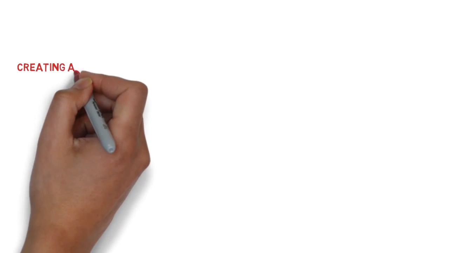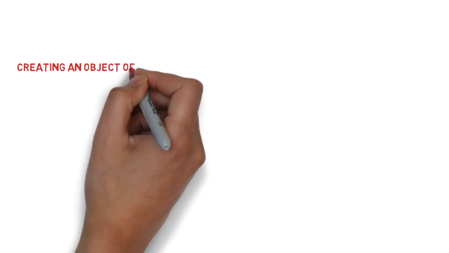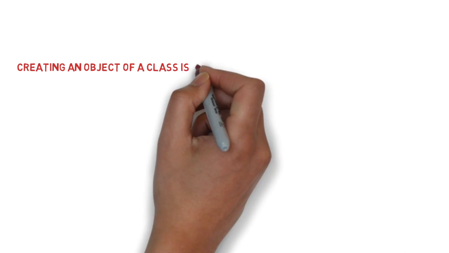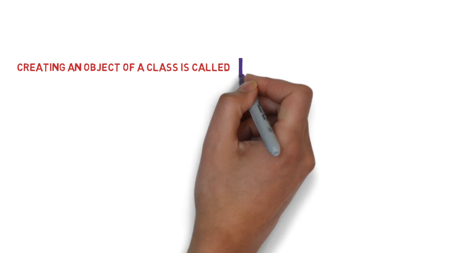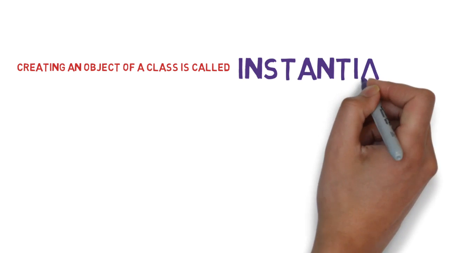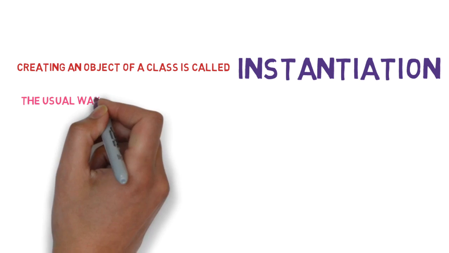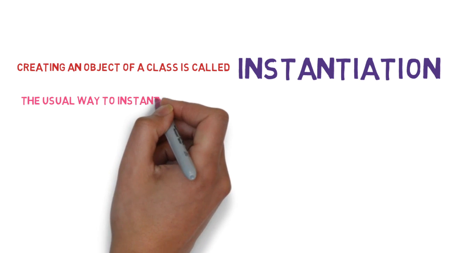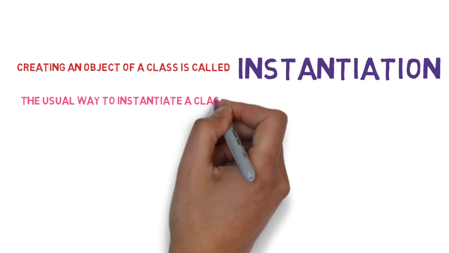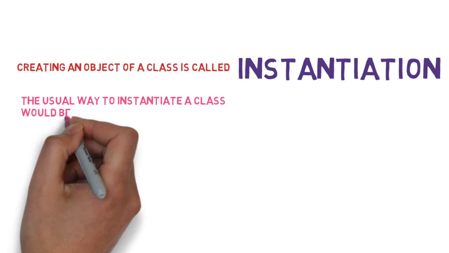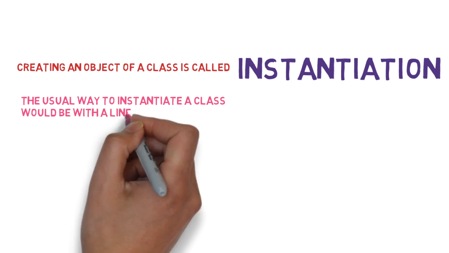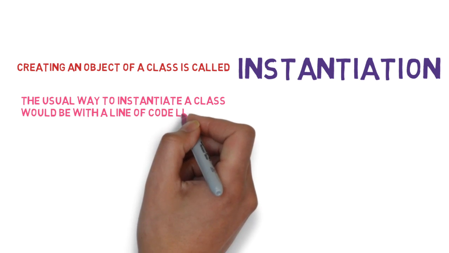Now, one of the very basic things that you'd want to do in Java is to create an object of a class. And this is called instantiation, when we want to create an object of a class. The usual way we'd instantiate a class would be with a line of code which looks like this. So say we want to instantiate an array list, and for now let's leave generics out of it.